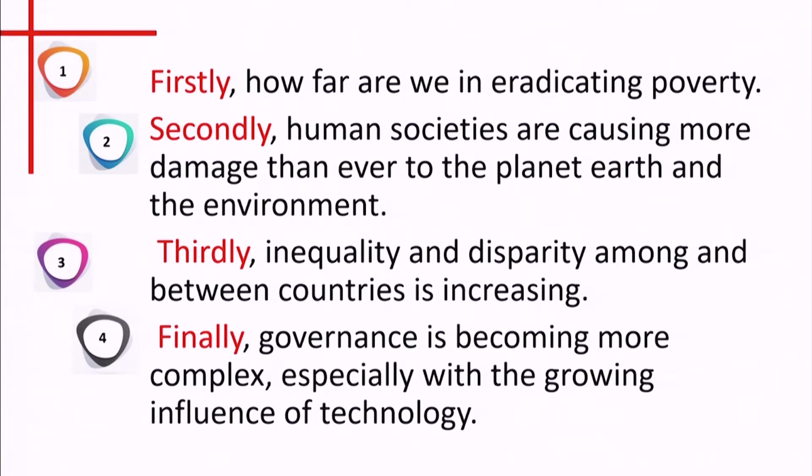Secondly, human societies are causing more damage than ever to planet Earth and the environment. Thirdly, inequality and disparity among and between countries is rising. Finally, governance is becoming more complex, especially with the growing influence of technology.